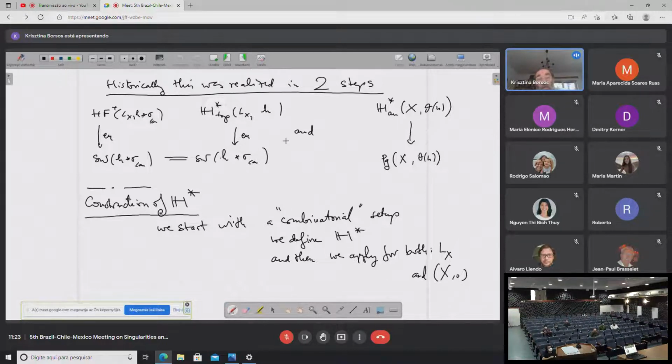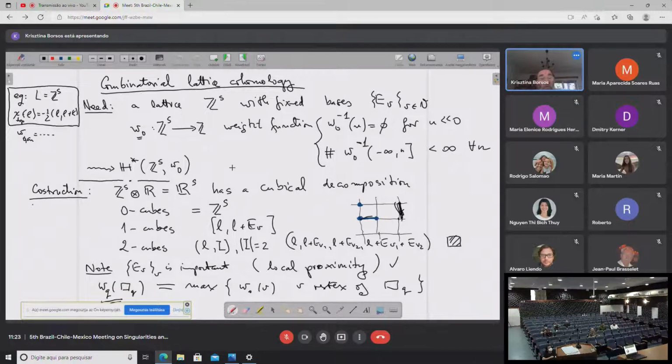So what exactly is this combinatorial construction? What do we need to define a lattice cohomology? We need a lattice Z^s, and actually even a fixed basis, e_v. That is very important: not just an abstract free Z-module, but one with a fixed basis.